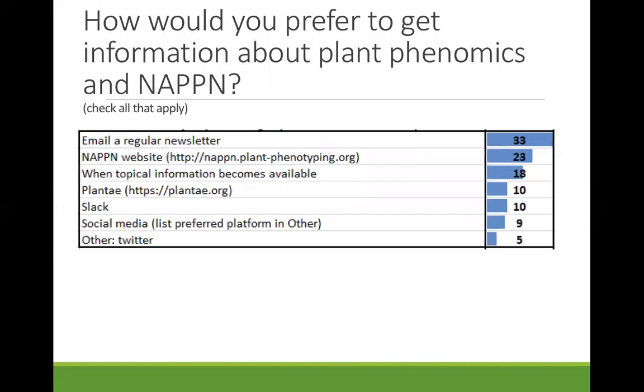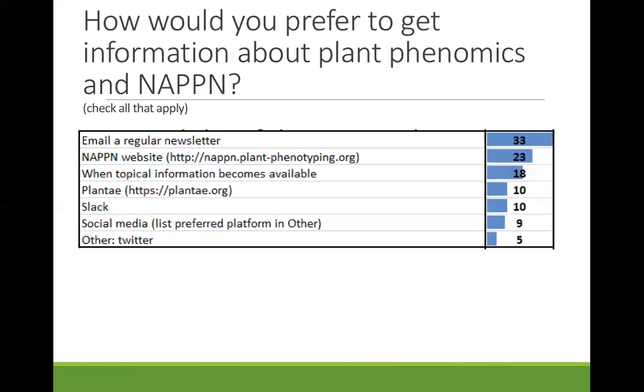Speaking of getting information about the network, pretty diverse responses here, and that's always the issue. People communicate in many different ways and have preferences on how they get information. Getting a regular newsletter was the top vote getter, and this was one of those questions you can select all that apply.